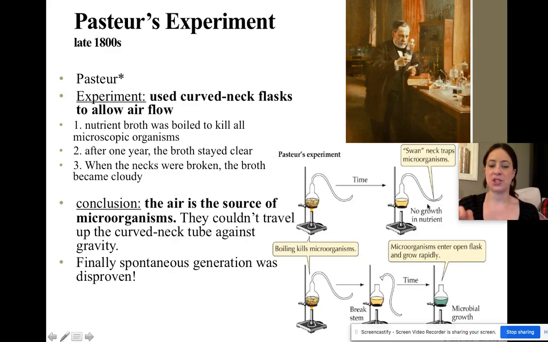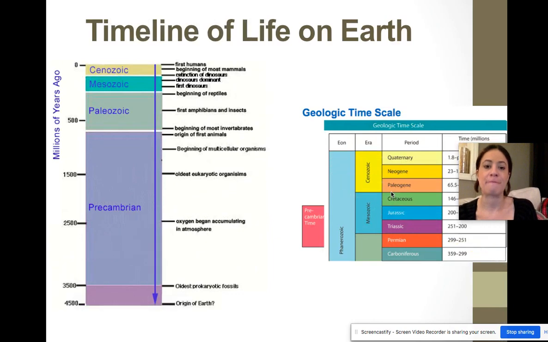So Louis Pasteur would ultimately disprove spontaneous generation because with this curved neck flask, yes, the vital force can enter, the microorganisms cannot, and we don't see the broth just turning into these microorganisms. So finally, after all these hundreds of years, spontaneous generation would be disproved.